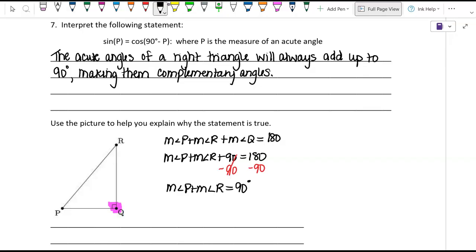So anytime you have a right triangle, you know that the two acute angles have to add up to 90 degrees. Think about it, 45, 45, 30, 60.